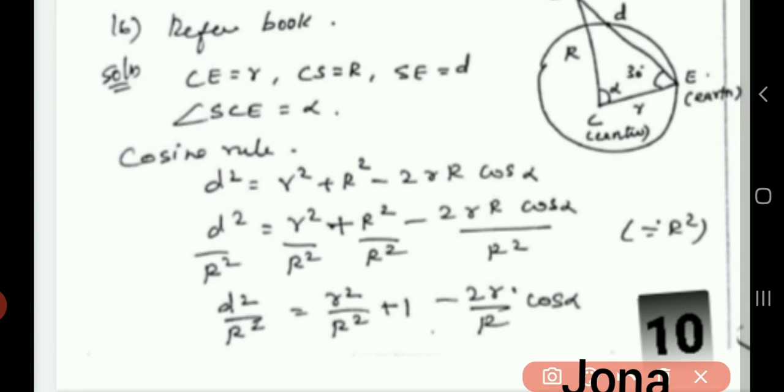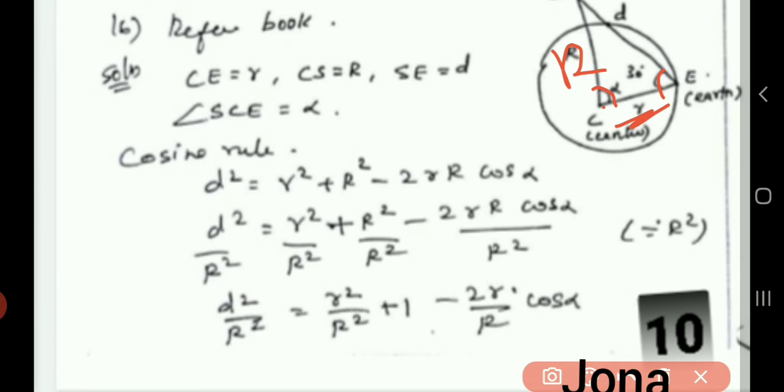So from the diagram it's clear that the earth station, center of the earth and the satellite are lying in the same plane here. The distance from the center of the earth to the earth station is r, and the distance from the center of the earth to the satellite is capital R, and the angle is 30 degree, and alpha is also given.